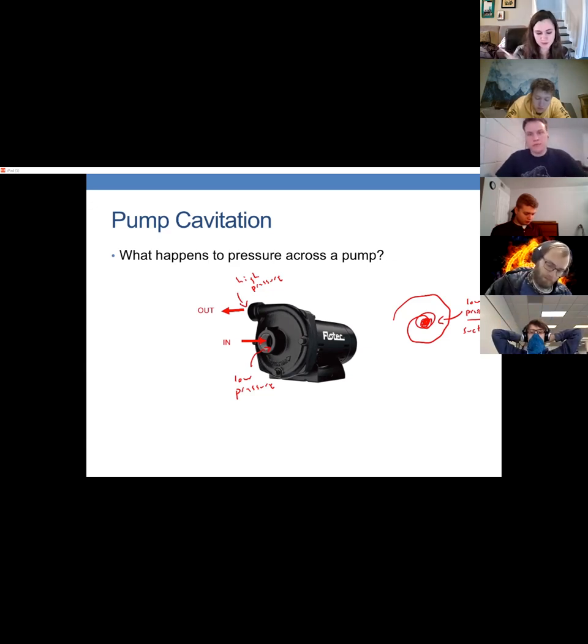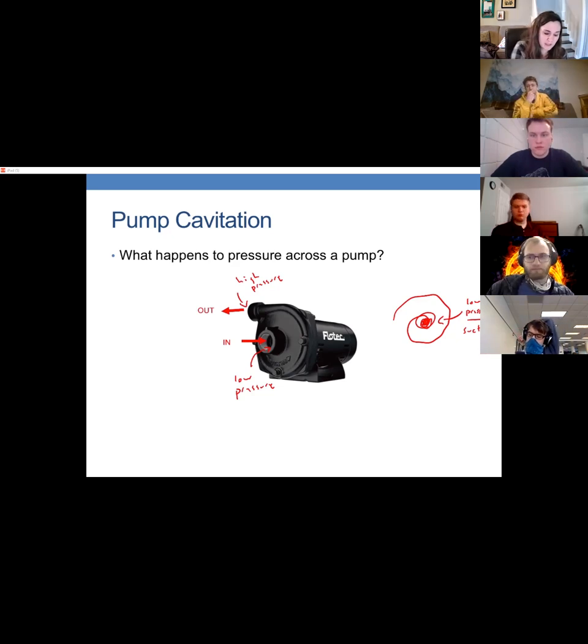The point being, there should be the lowest pressure right there as it's getting sucked into the pump, but also the pressure might decrease at various points inside the pump. So in the pipes, the lowest pressure is going to be right there where it goes into the pump, but then it stands to reason that the pressure will dip below that at some point inside the pump.